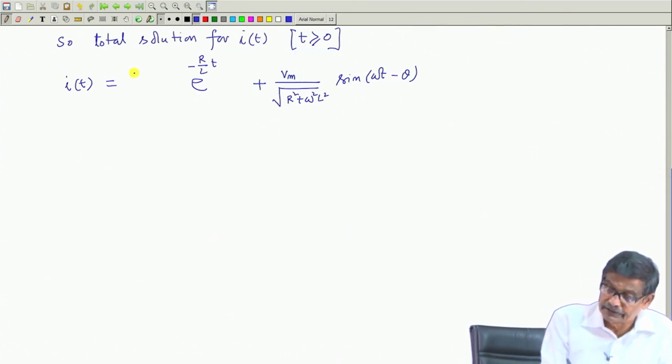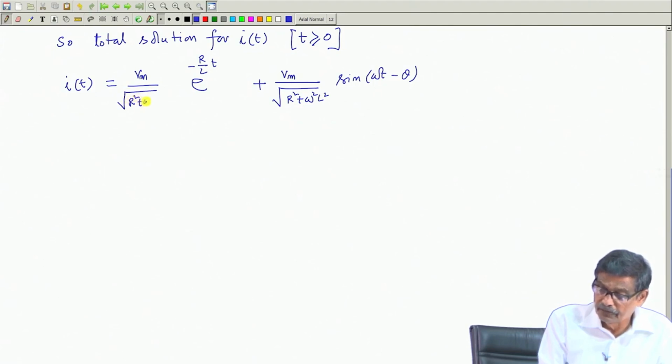So, this constant is V max by root over R square plus omega square L square sin theta.